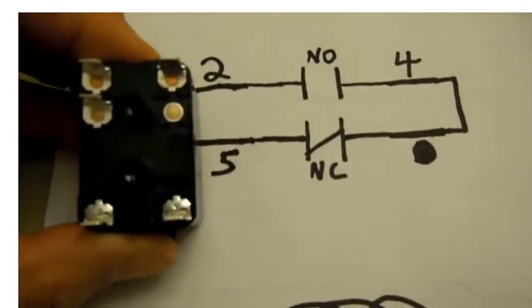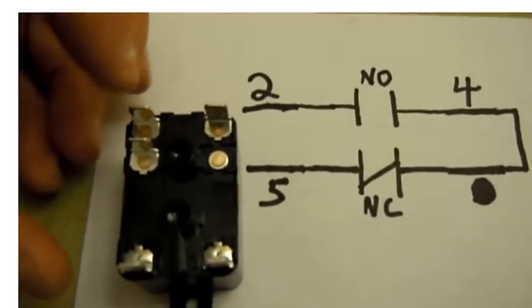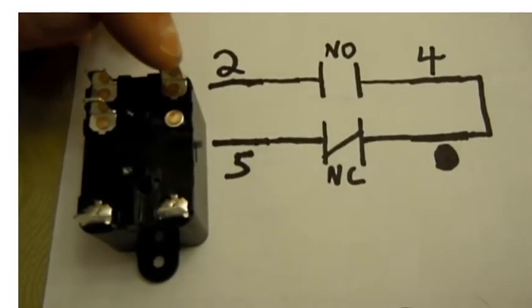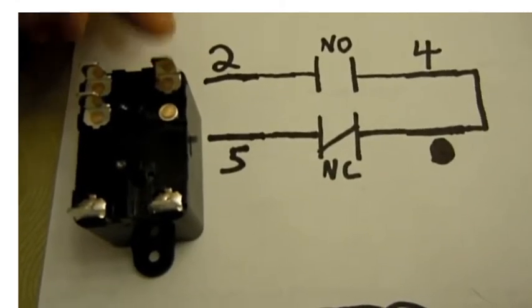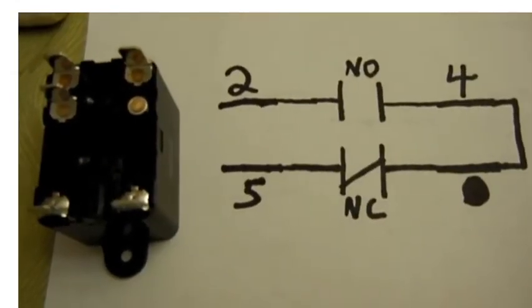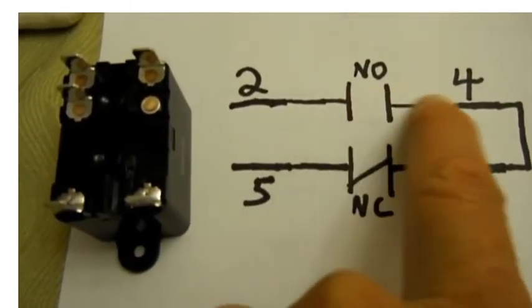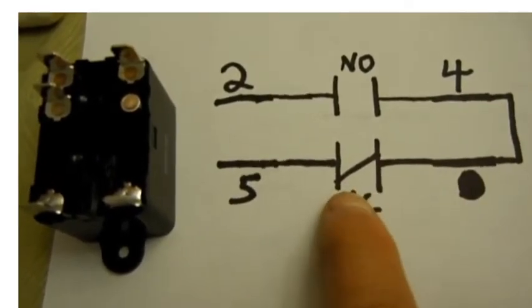If you take note, on this relay there's really only 5 pins. Pin number 4 is where you would connect your power coming in that you want switched. So when this relay energizes, 2 and 4 close and 5 and 4 open.